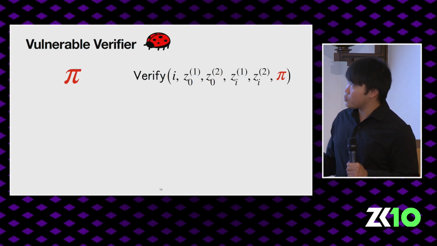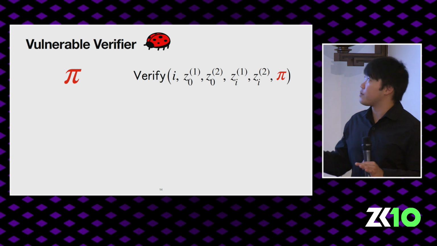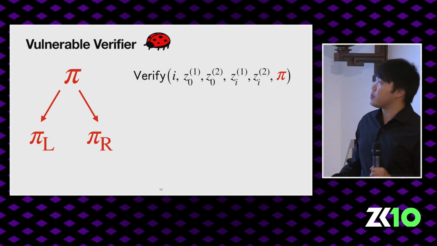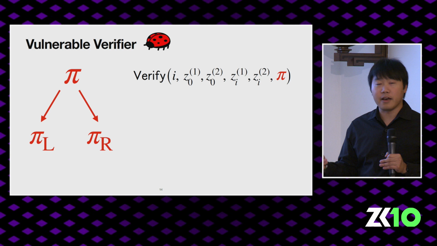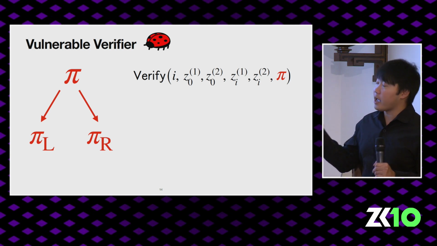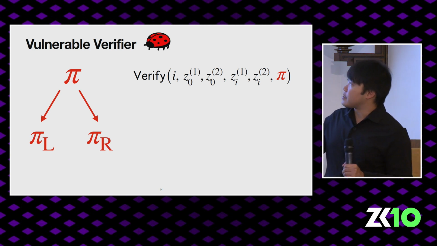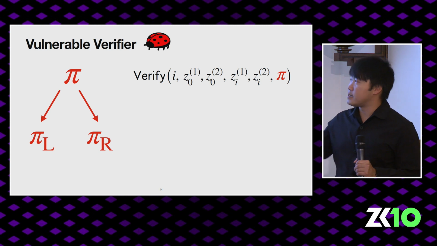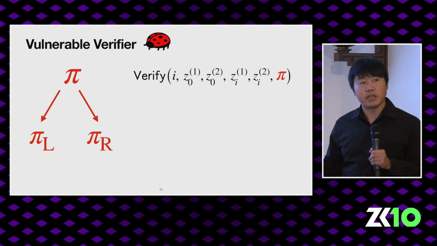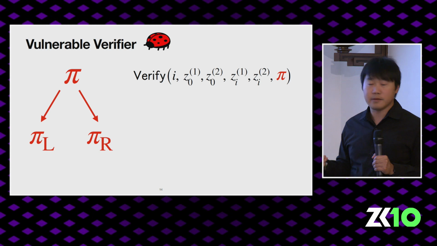Well, the structure of the vulnerable IVC proof allowed it to be split into two independent halves, a left half and a right half. You can think about these as accumulators for the primary and secondary instances, but also the fresh green instances for the primary and secondary.